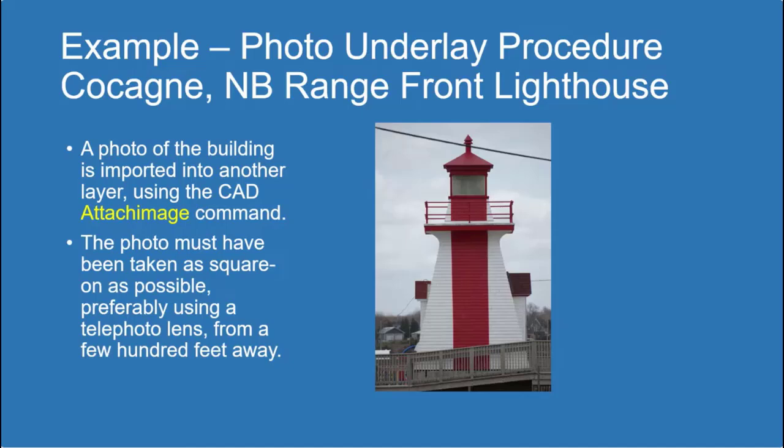Now, the photo must have been taken as square on as possible, preferably using a telephoto lens from a few hundred feet away. The real lighthouse is about 26 feet high, and ideally, it would have been nice to have been on a ladder with the center of the camera about 13 feet above the ground. But that wasn't entirely possible.